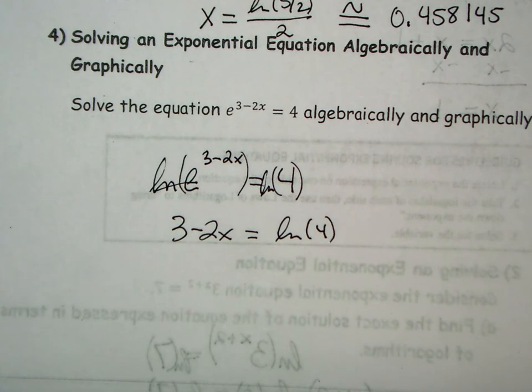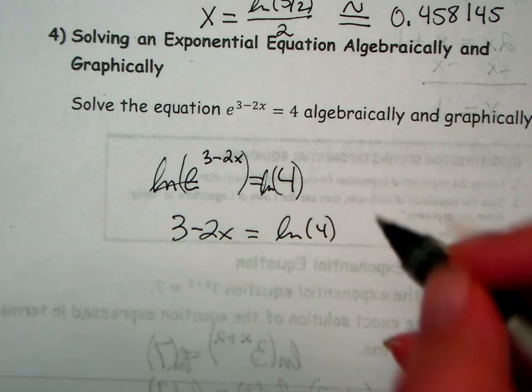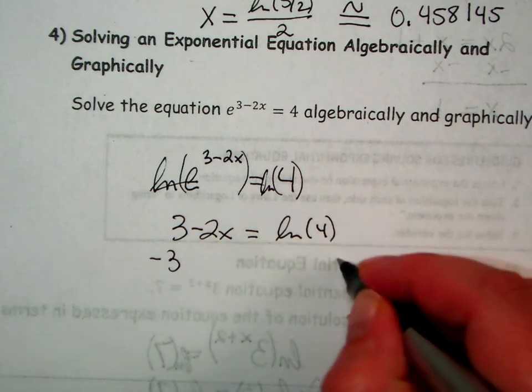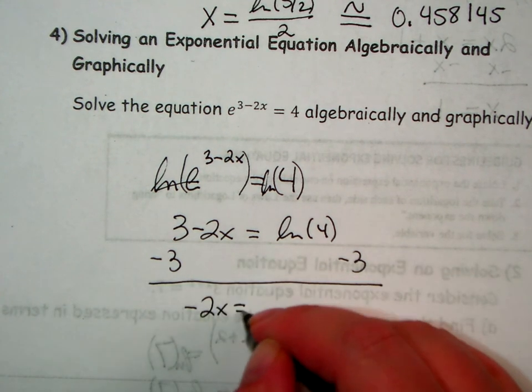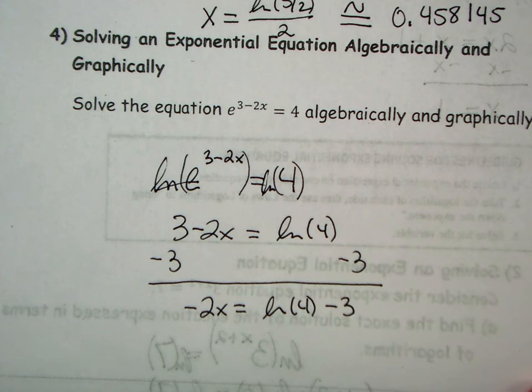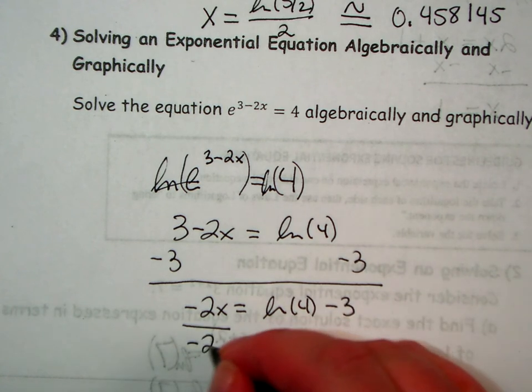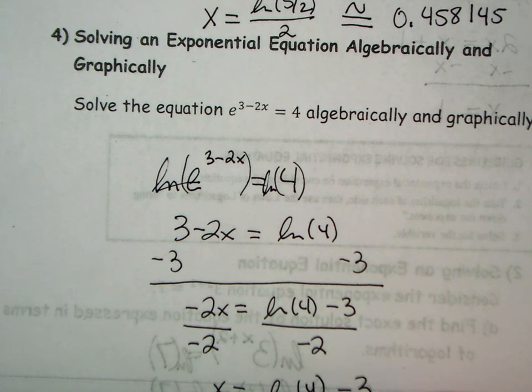So now solving for x, we need to subtract 3 from both sides first. And so we're going to get negative 2x equals ln of 4 minus 3. And then divide by negative 2. So we get x equals ln of 4 minus 3 divided by negative 2.